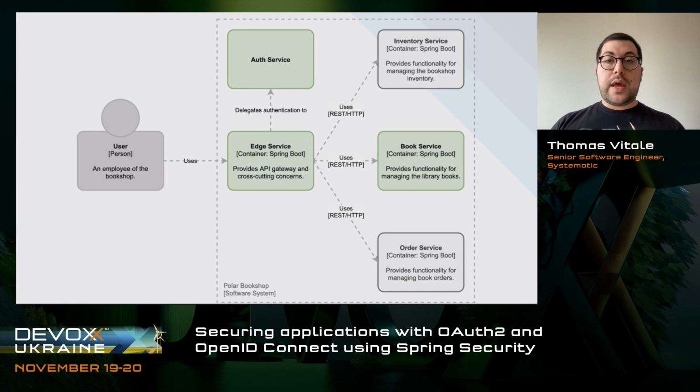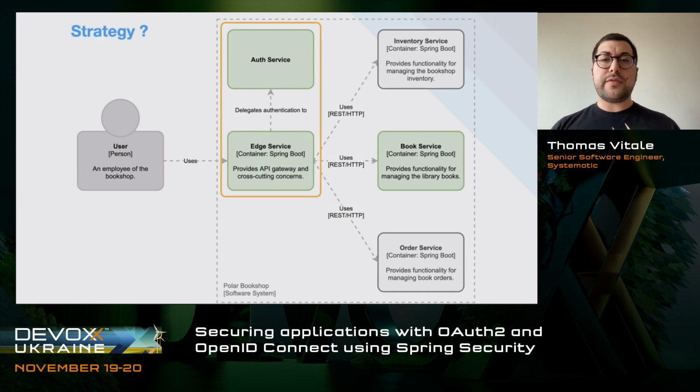And when we do this, we need to consider a few aspects, a few requirements that we might have in our system. So first of all, the authentication strategy. I named some of them earlier. Do we want to have username and password-based authentication? Do we want some social login, maybe login with Google, login with GitHub, or maybe the bookshop employees are already registered in an Active Directory instance.